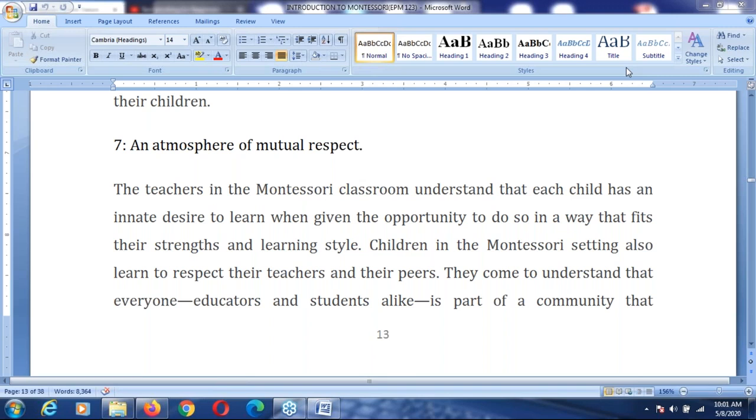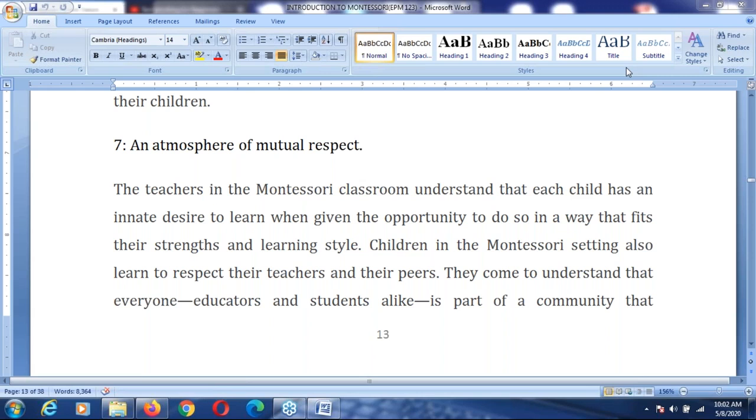How do I mean? We have a mixed-age classroom where a child of 3, 4, 5 will be in one class. In another class, children of 6, 7, 8 are in the same class, and the older ones are there to guide and control the younger ones.